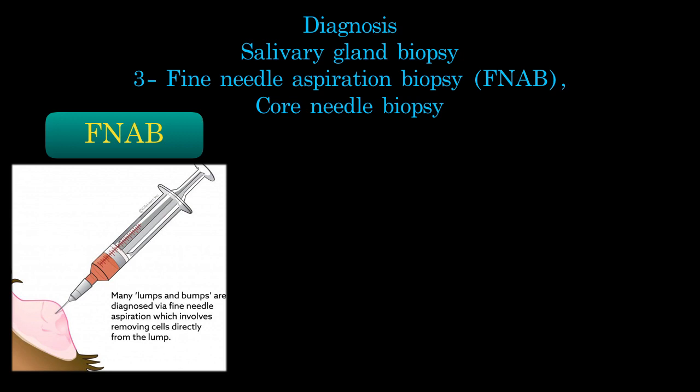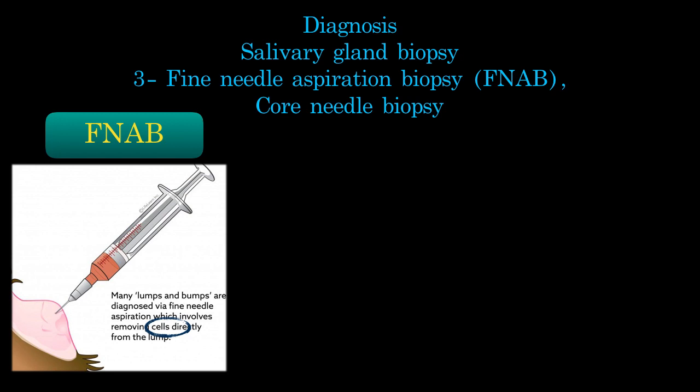The fine needle is a special needle, and we insert it either with or without local anesthesia into the mass that we have. Then with the piston of the syringe we make some negative pressure. When we make this negative pressure, it aspirates cells directly from the mass.